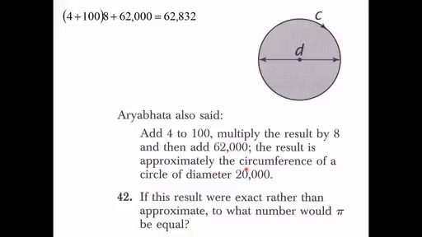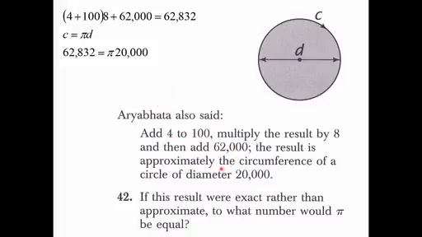So it would seem to make sense that if we use this equation, circumference is pi times diameter, we could substitute in these two values. He says the result is the circumference. So where would that go? Plug that into the front. Of a circle with a diameter of 20,000. So where does the 20,000 go? Well, it goes in for the diameter.